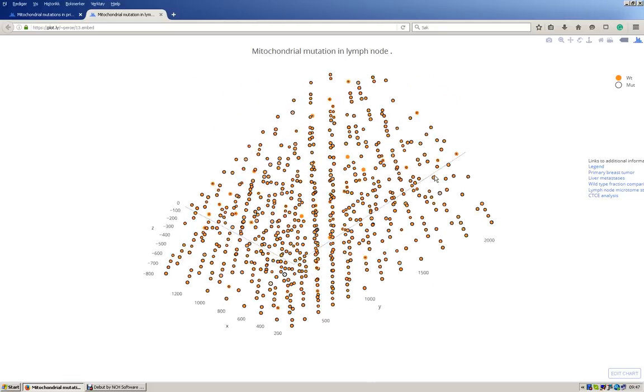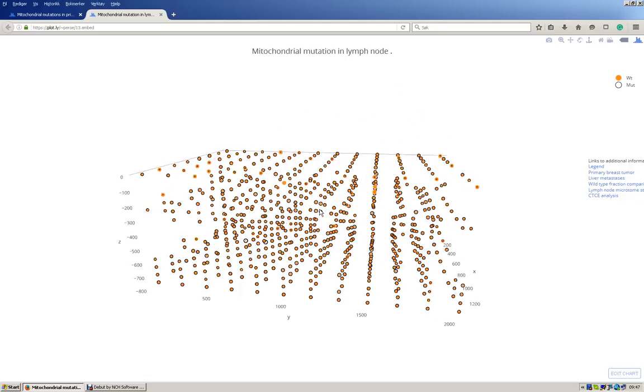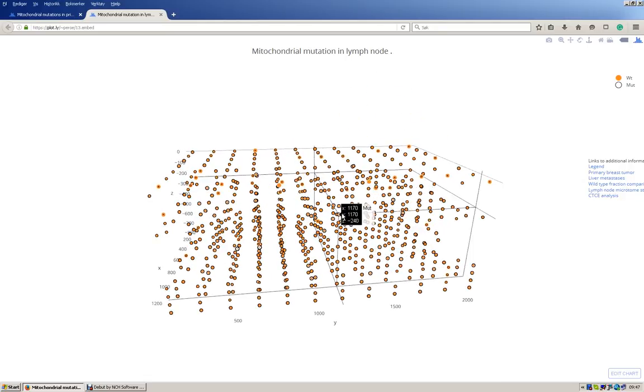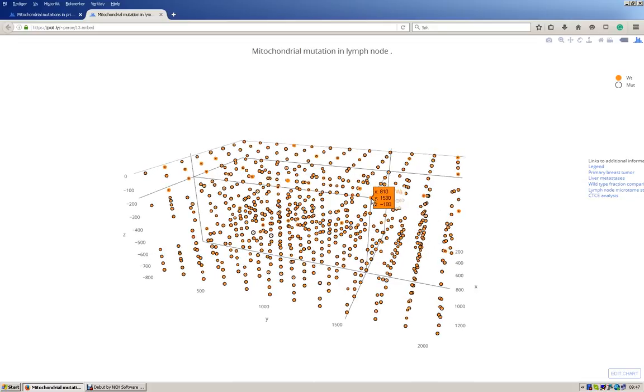In this tissue, I don't believe we have any pure homoplasmic mutations, but we have a few pure homoplasmic wild type. That could be infiltrating lymphocytes, there could be normal cell growth into the tumor mass in the lymph node. Remember, this is the lymph node from the same primary patient with the breast cancer.